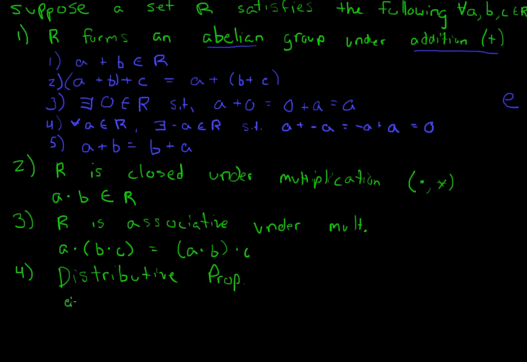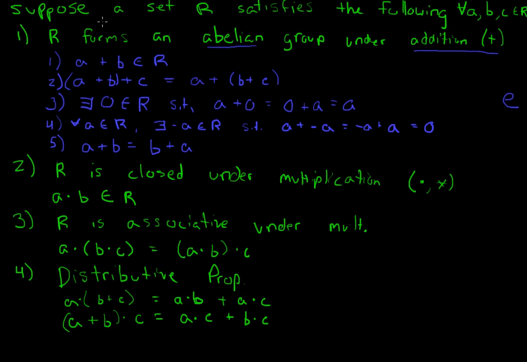Which tells us that A times (B plus C) is equal to A times B plus A times C. And it also works the other way around, so (A plus B) times C is equal to A times C plus B times C.